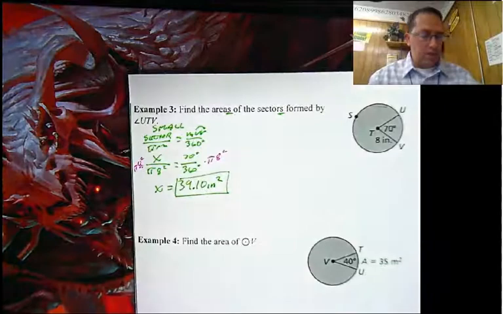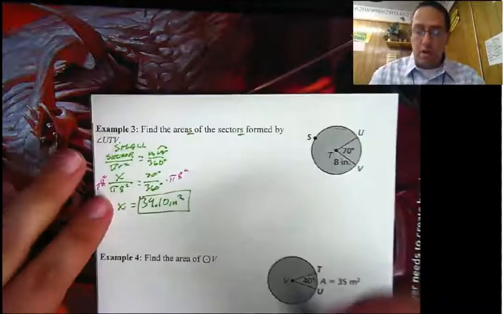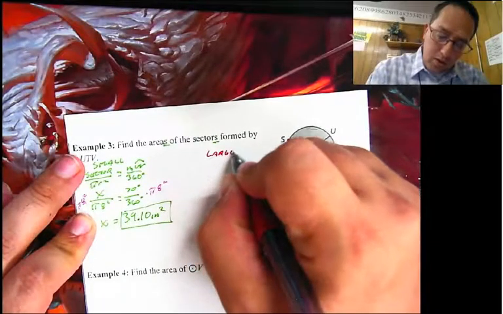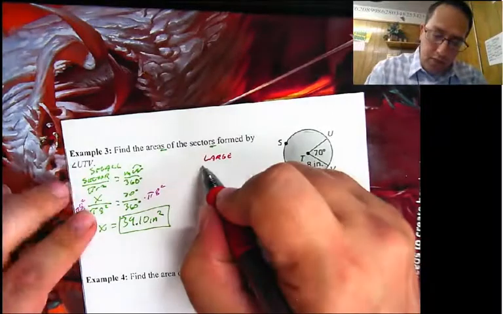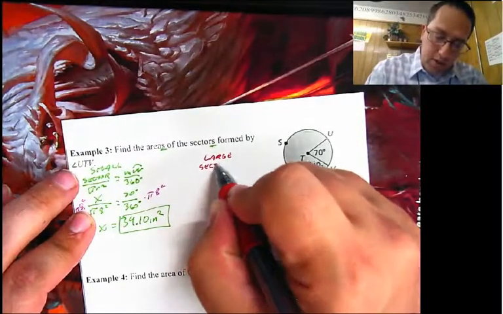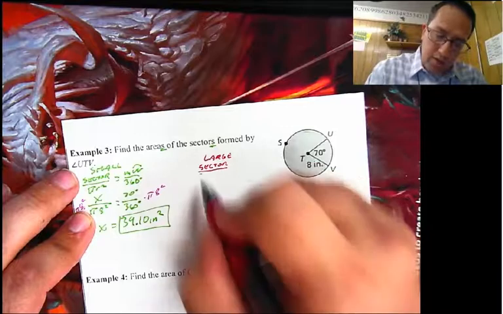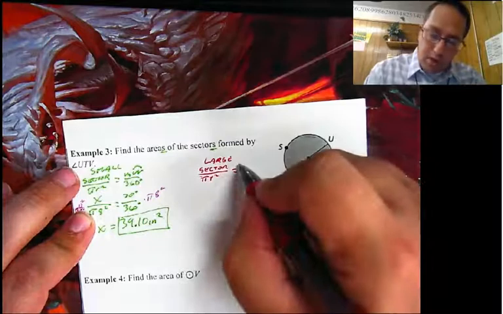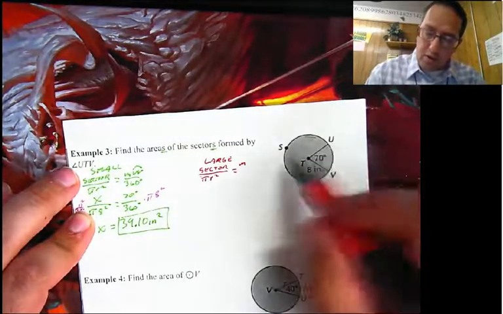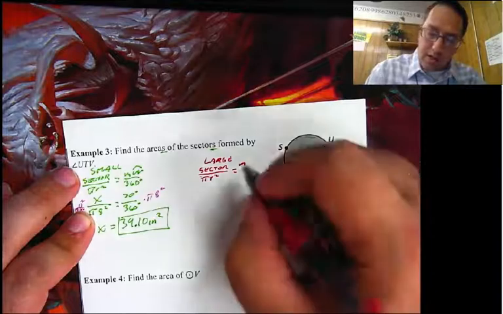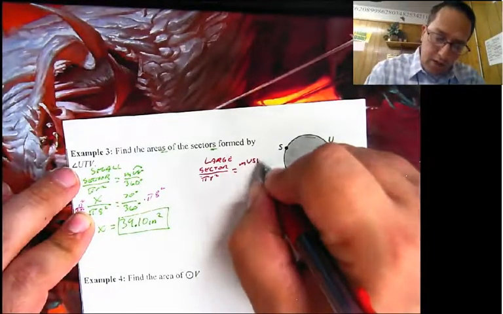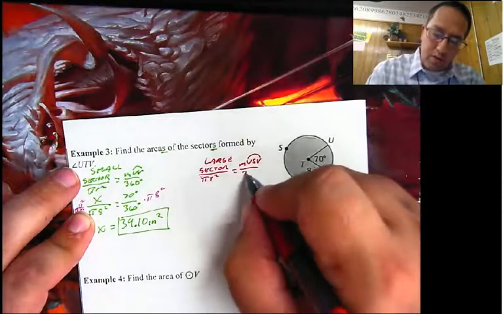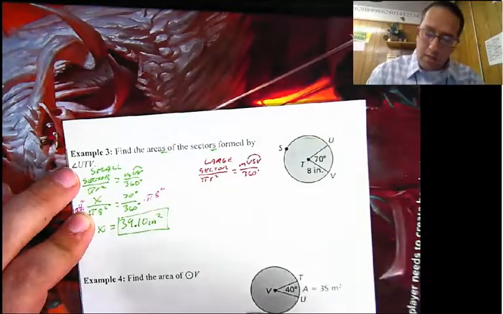All right. Now, let's find the area of the large sector. Again, our formula is the sector area divided by pi r squared, the area of the entire circle, equals the measure of the related arc, which in this case is arc USV, the entire thing, over the measure of the entire circle, which is always going to be 360. Plug in what we know.